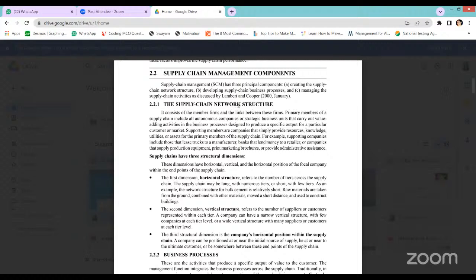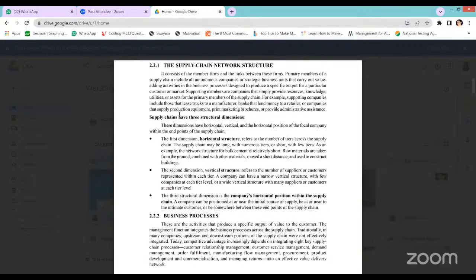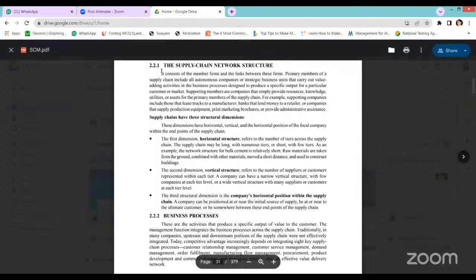What is the supply chain business process? Explain. Or how to manage supply chain activities. Like that, you can expect three separate short-answer questions and one single long-answer question. When you get this as a long answer, you are supposed to brief all three parts.